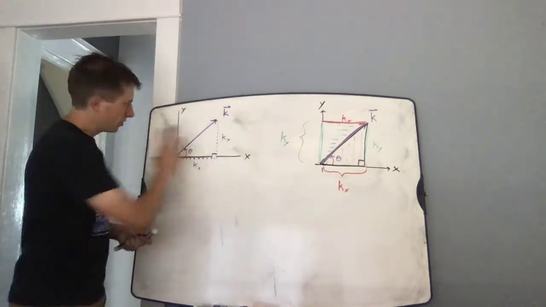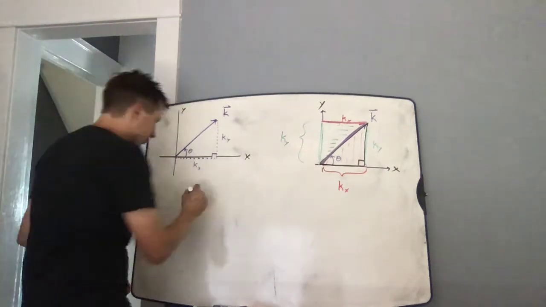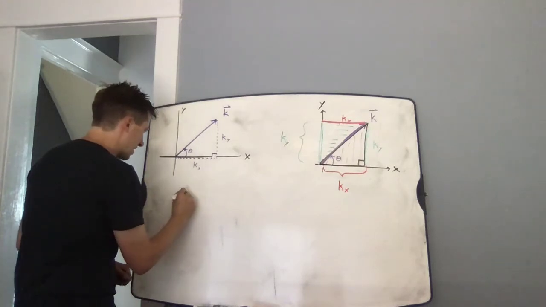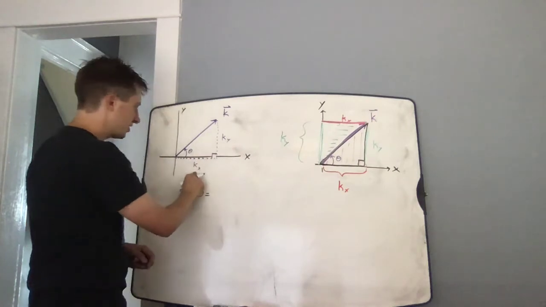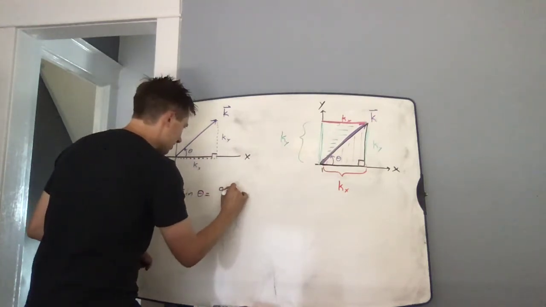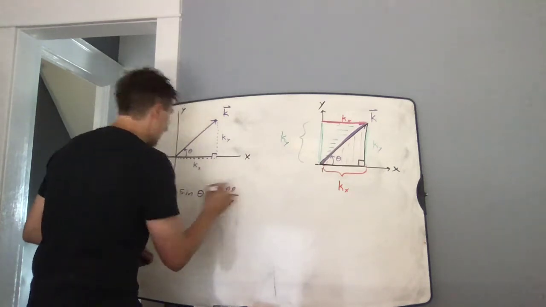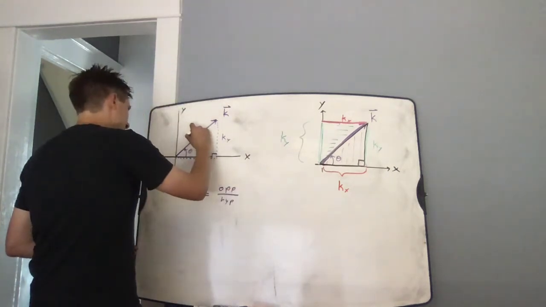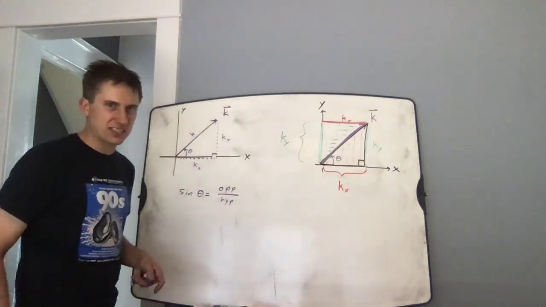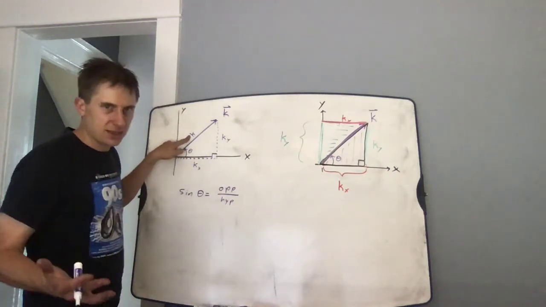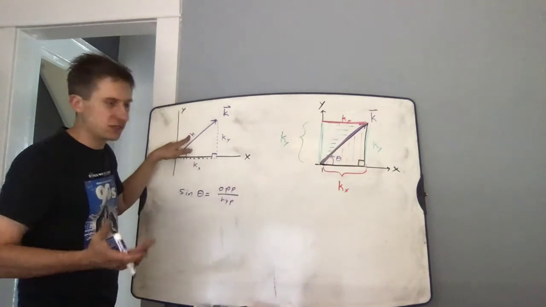So if I look at this and see a right angle and a right triangle, I could then say, well, the sine of theta is going to be opposite over hypotenuse. Sine is always defined as opposite over hypotenuse. The hypotenuse has a magnitude k. K with the arrow is the vector itself with direction specified. K without the arrow just means the magnitude of k, or the amount.